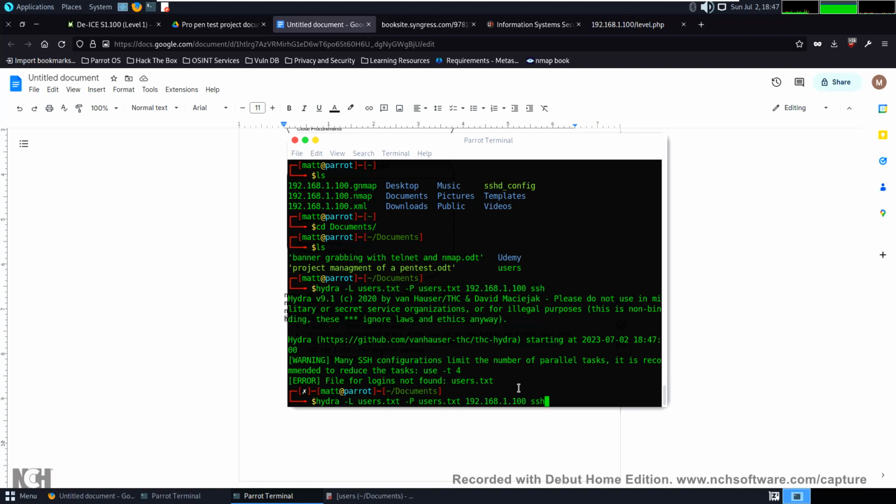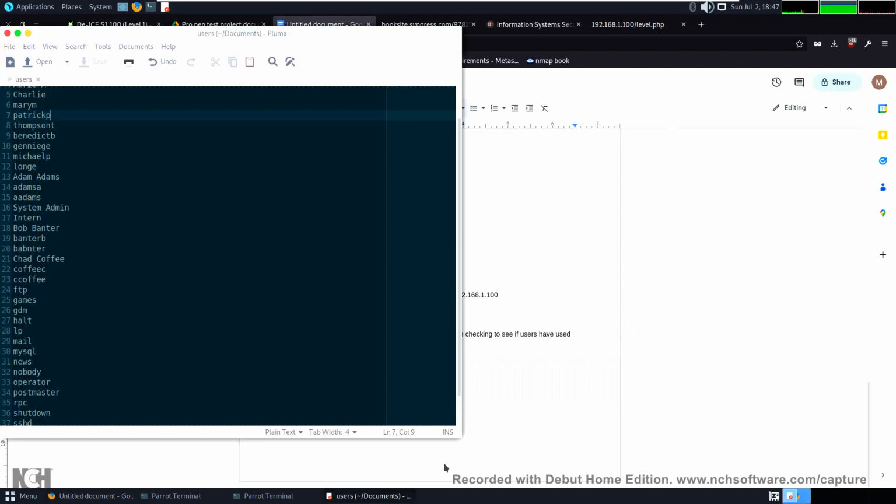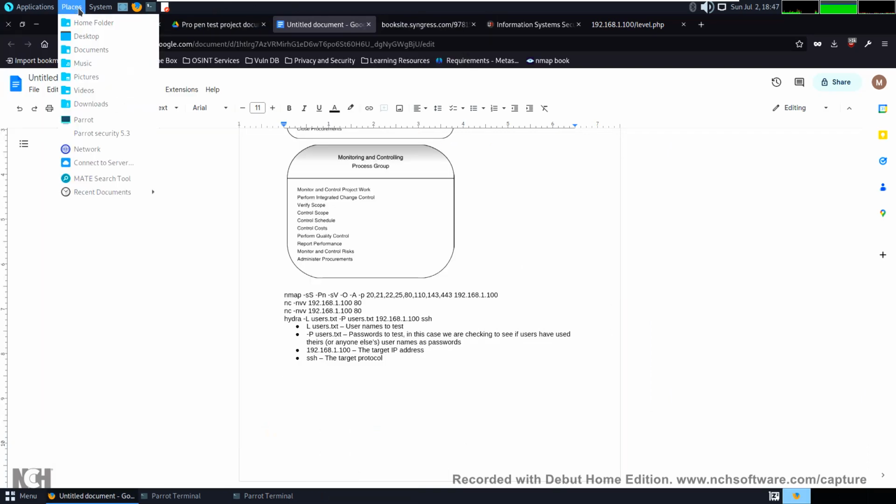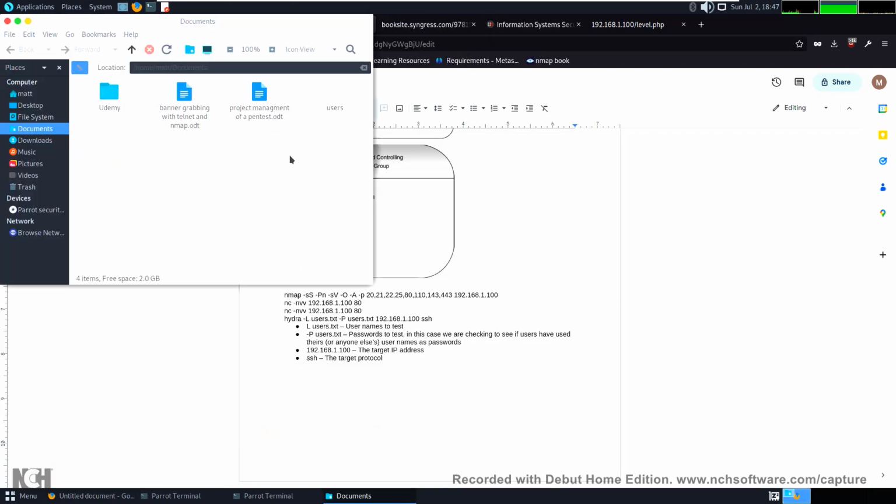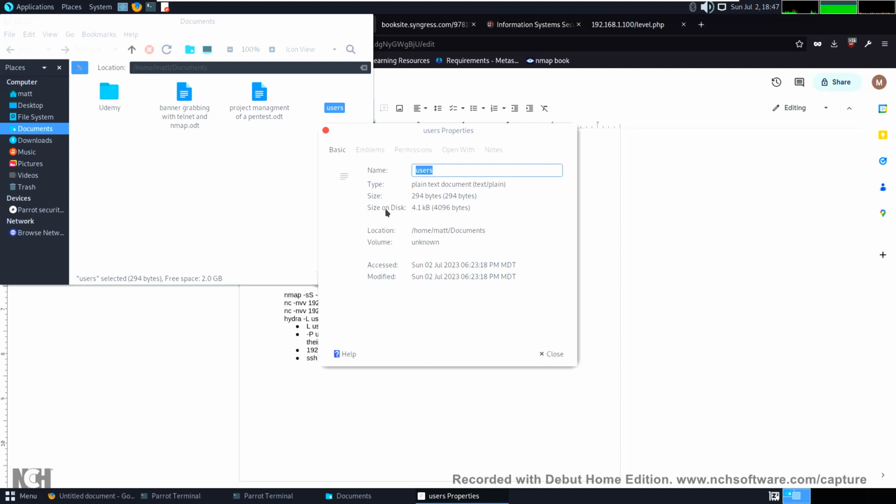Okay. Error: file for logins not found. Users.txt. That's odd. It's right there. Maybe it's not a text file. That might be the problem. Or have I saved it? Okay, let's make sure that it exists. So, file, documents, properties, plain text.